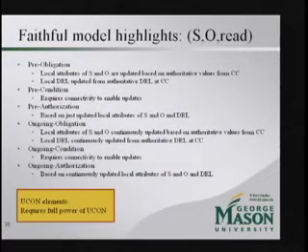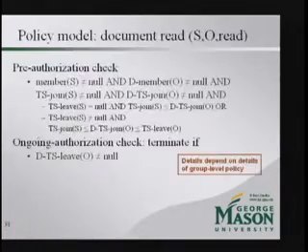So the faithful solution I'll show you is basically the main difference with respect to this policy statement is that you need to update these values before you do this checking. In Yukon terminology, the requirement to update these values before doing the checking is called an obligation.